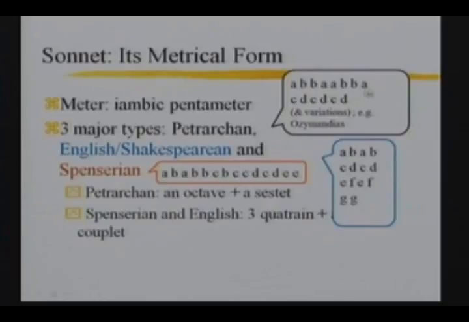And that's why for an Italian sonnet to have 5 rhymes, A, B, C, 4 to 5 rhymes is easier than for a sonnet written in English. Okay, so an English sonnet needs more rhyme.